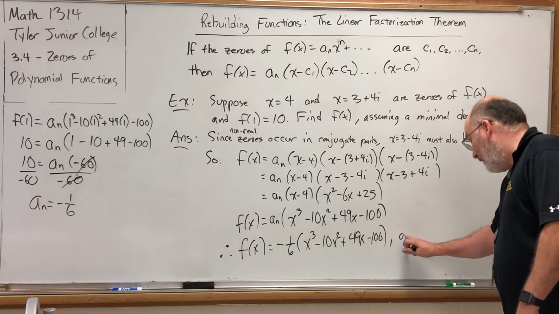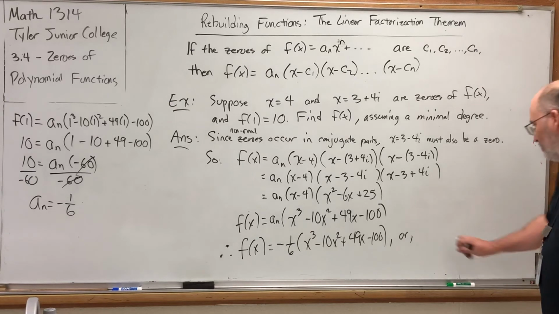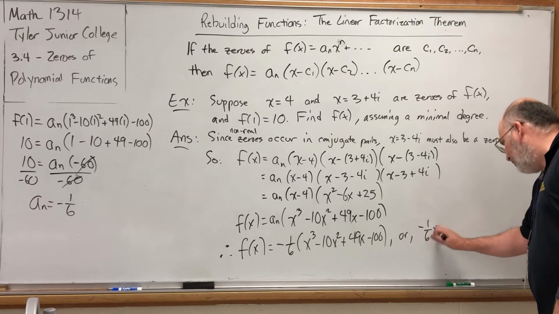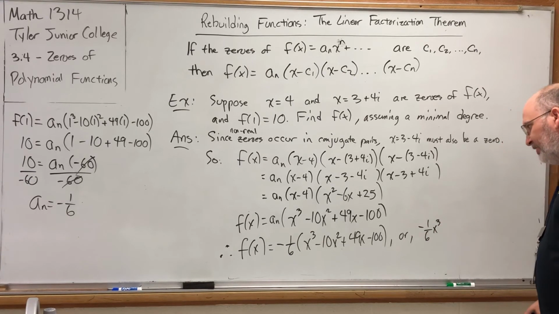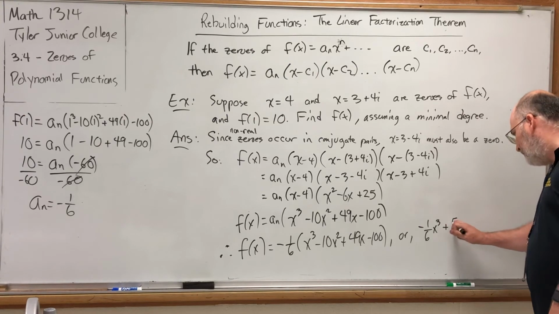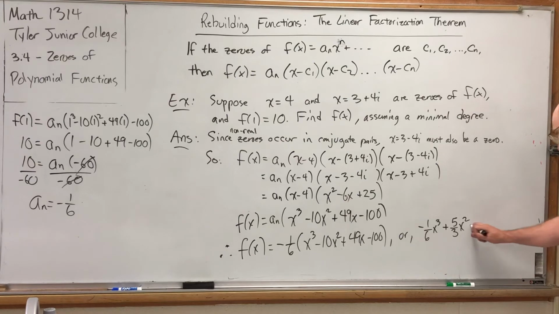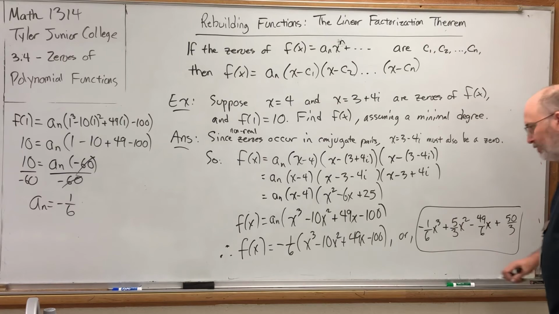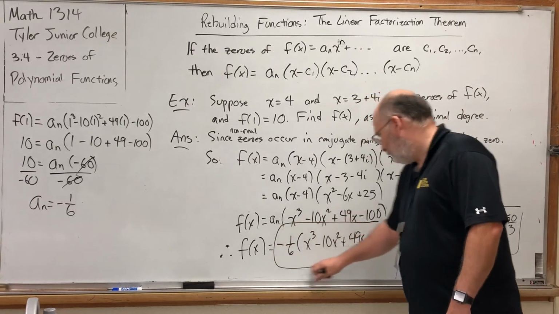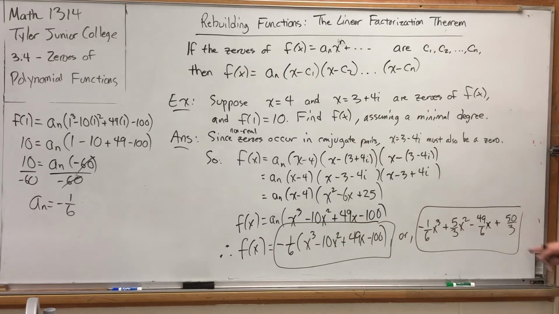Or, if you wanted to distribute the negative 1/6, negative 1/6 x to the third plus 10/6, which reduces to 5/3 x to the second, minus 49/6 x plus 100/6, which reduces to 50/3. So both are acceptable. The second one is just completely in general form because it has no parentheses.